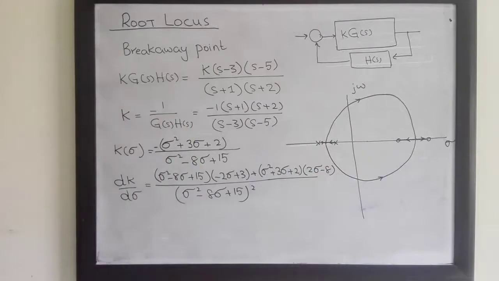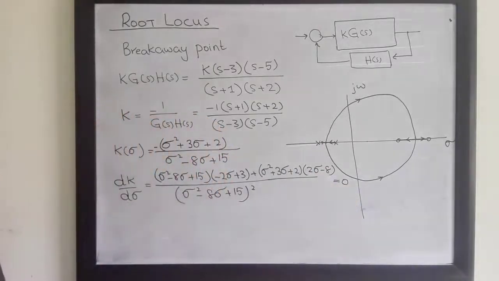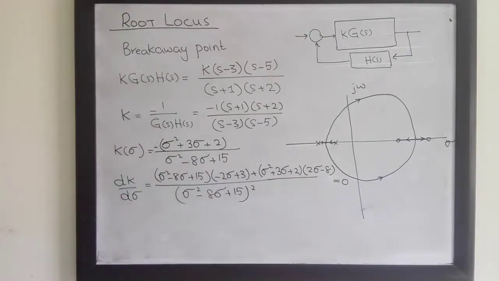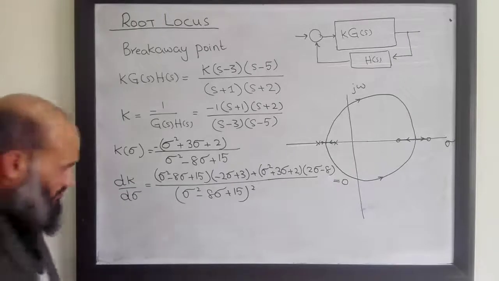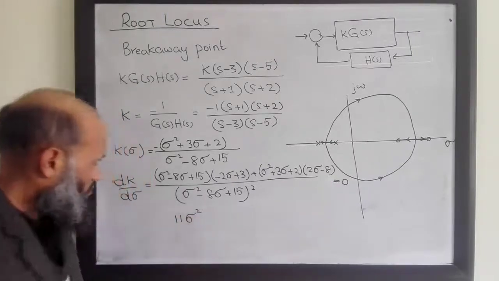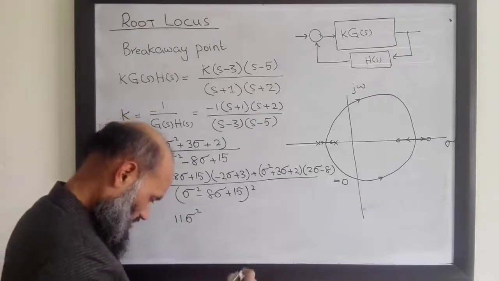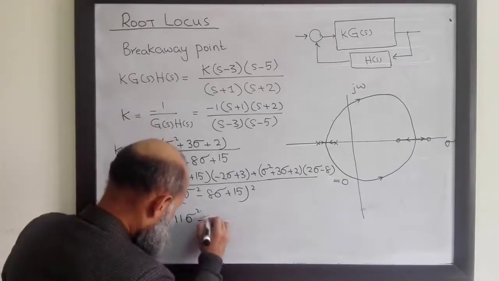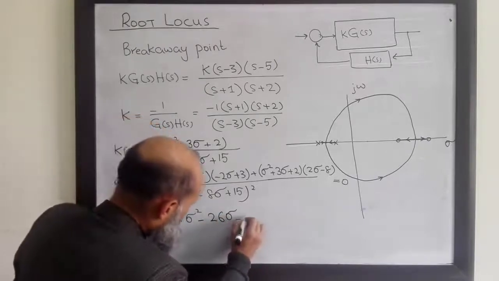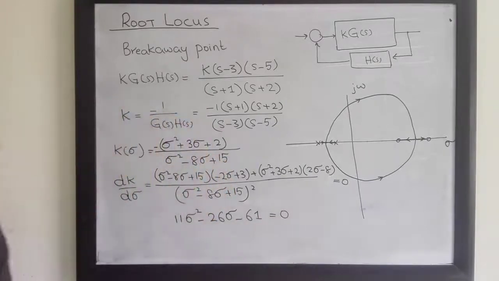And to find the maximum point, we substitute it equal to 0, which after simplification reduces into this form: 11 sigma square minus 26 sigma minus 61, which is equal to 0.